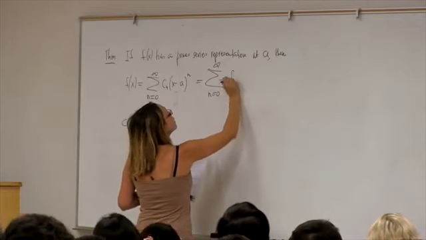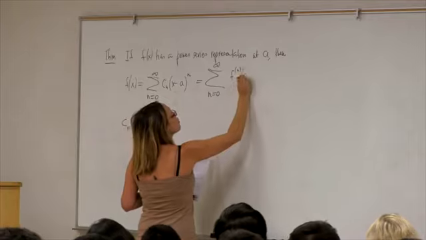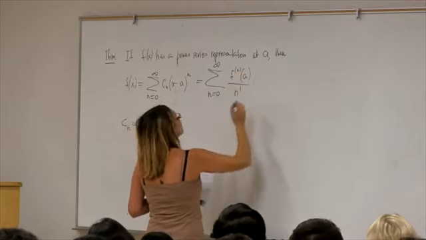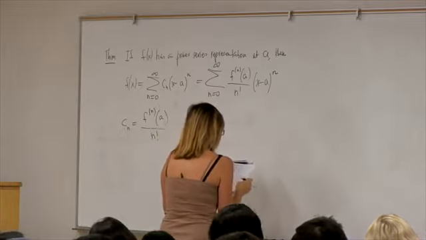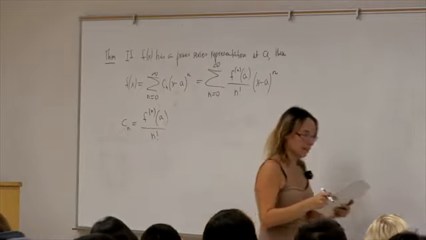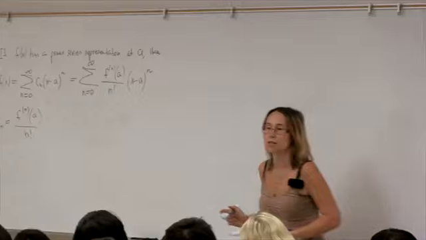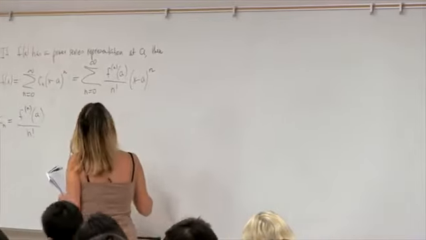I have f, nth derivative of A over n factorial, x minus A to the n. Okay, this is called the Taylor series of function f at point A.